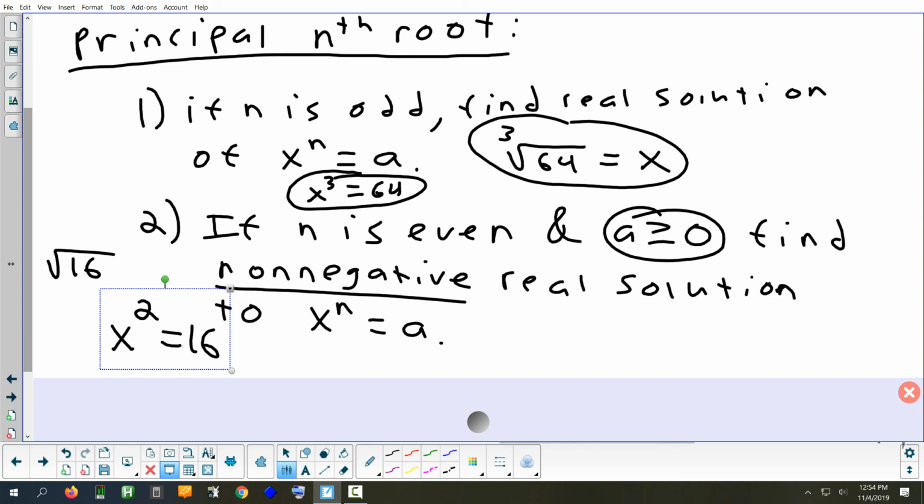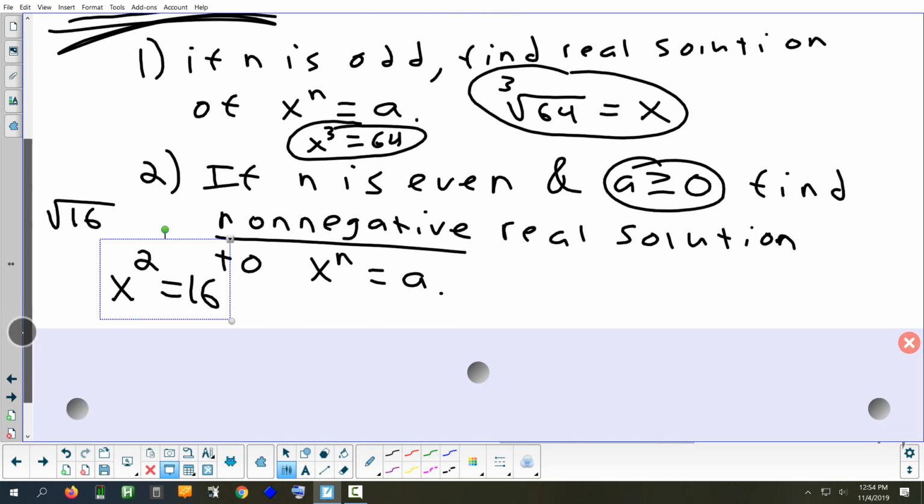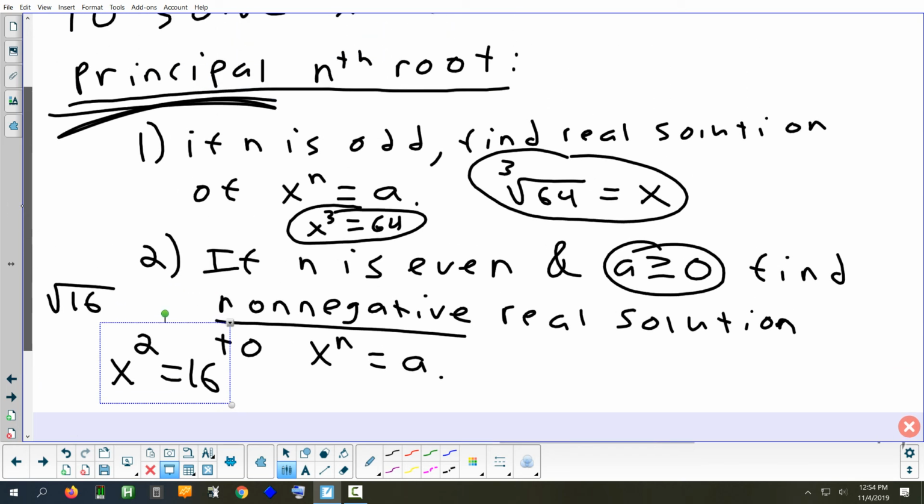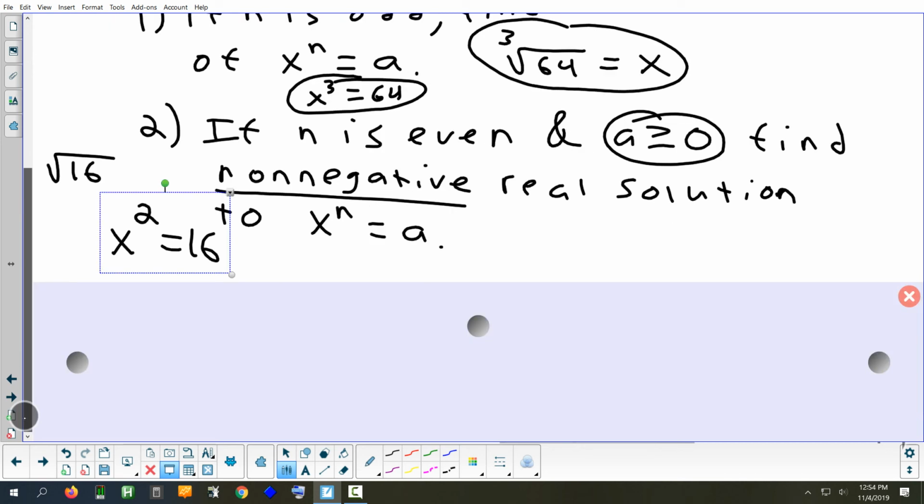Yes, negative 4 also works, but I wanted the principal root, which is 4. Any questions on that? Also, when we do a graph of roots, we are only going to graph the principal root. We don't graph multiple answers to the same problem. Everything has one answer all the time. It's the principal root.